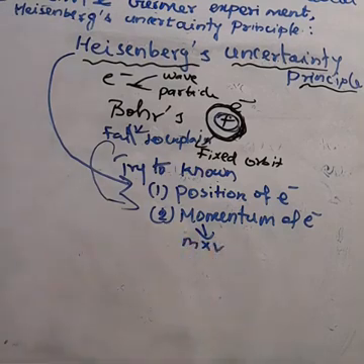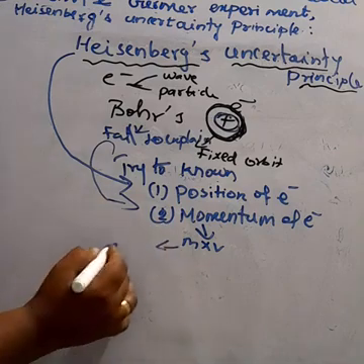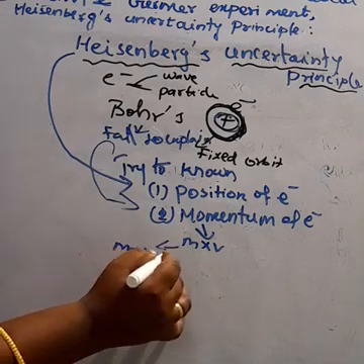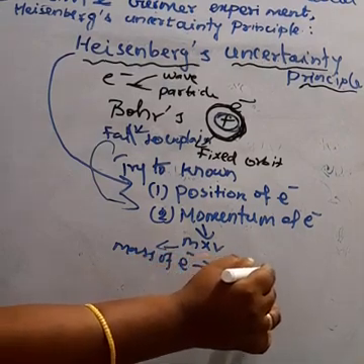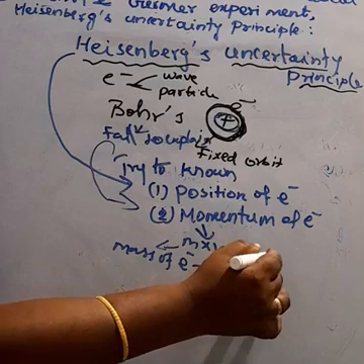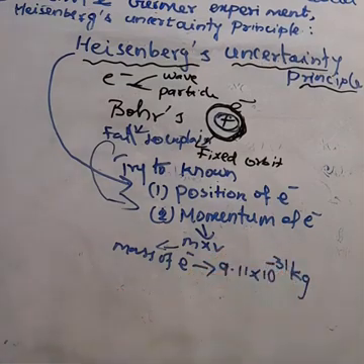Mass does not change. You know about the mass of the electron. What is the mass of the electron? 9.11 × 10^-31 kilogram. This is the mass of an electron. So momentum means mass and velocity.